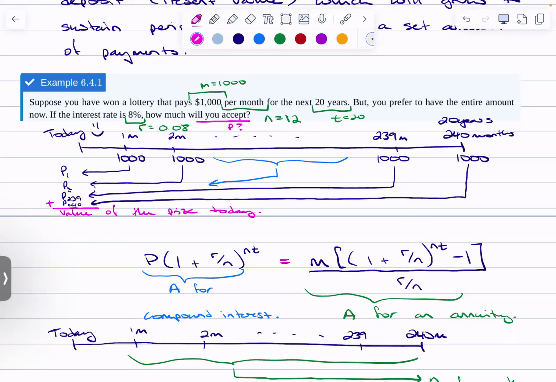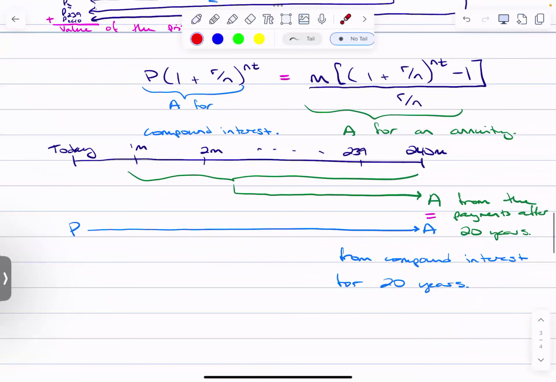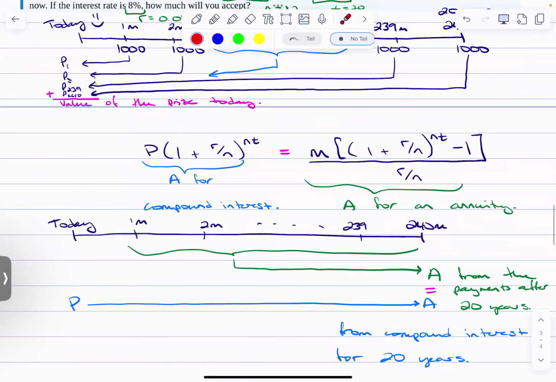I used to do it all nice where I just highlighted what we were looking for and then wrote down all the things that we were given. And I'll do that for the next one. I got carried away. All right, so we can figure out this chunk for P, or except for P, right?